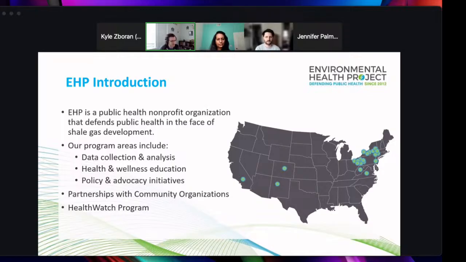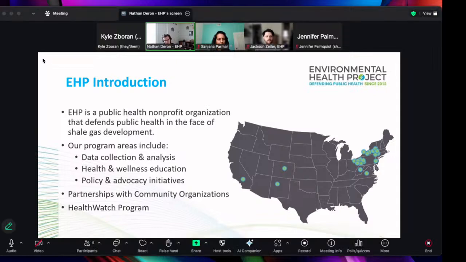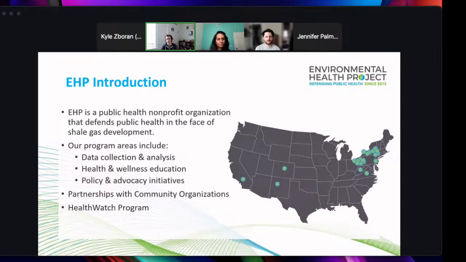But now there's a lot known about the impacts of shale gas development and oil and gas development more generally. So our current work falls into three broad categories. The first is data collection and analysis. The second is health and wellness education, and the third is policy and advocacy initiatives.